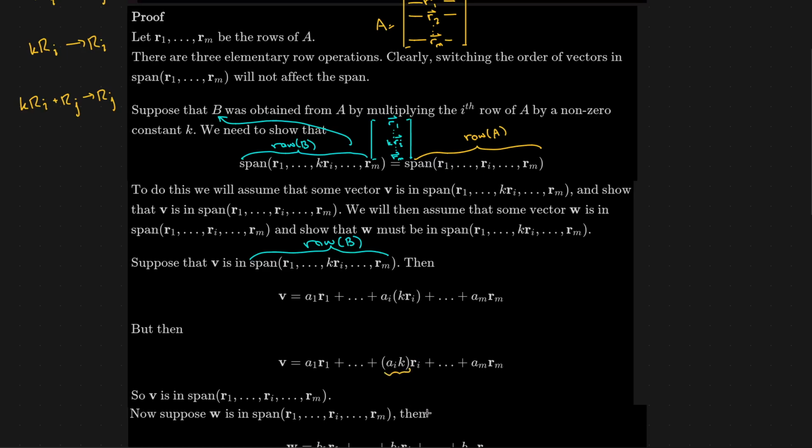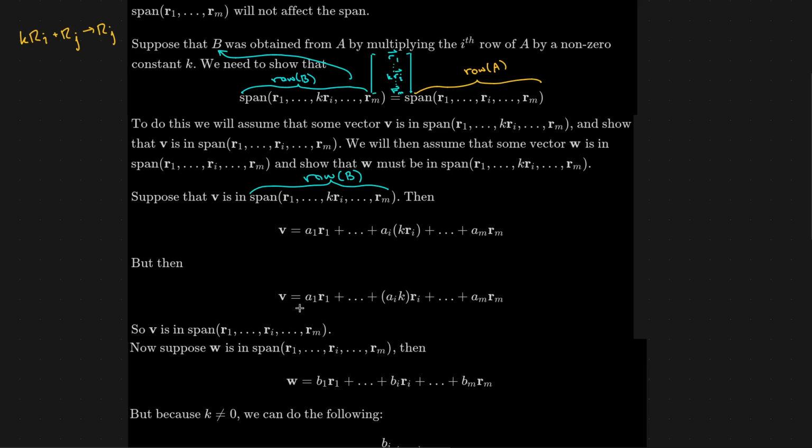The constant times k is just a constant, which means because I can express V as a linear combination of the rows of matrix A, R1, R2, Ri, Rm, V is also in the span R1 to Rm. And so what that shows is that everything in the row space of B is also in the row space of A. And so the row space of B is a subset of the row space of A. Everything in this set is also in this set.